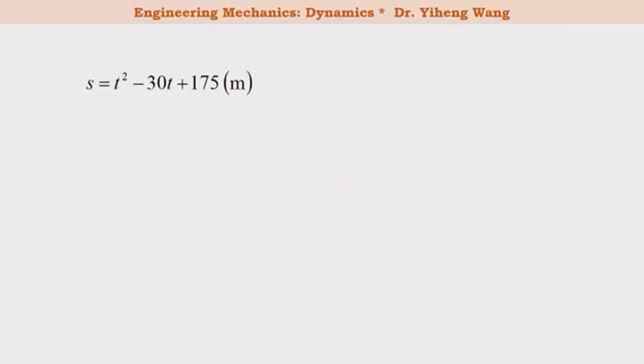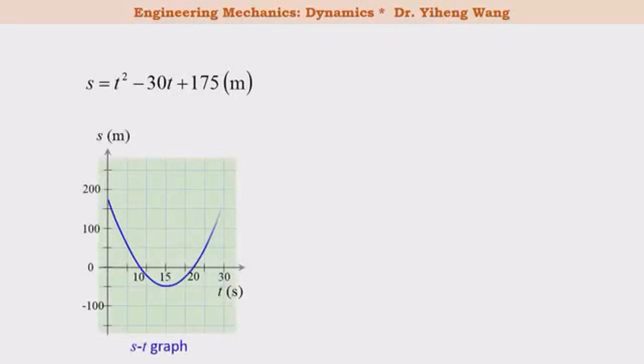And let's quickly look at another example. Here we have another position function given as the function of time. And again, this is for a continuous rectilinear motion. Based on this function, we can sketch its graph, which is the st graph that tells us how the position changes with time. And if we do the differentiation, we get the velocity as a function of time.